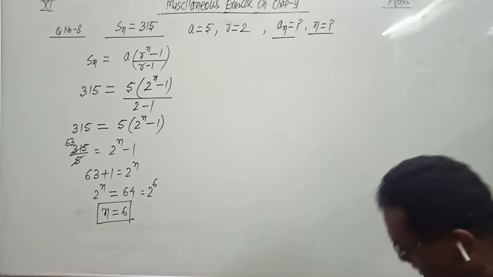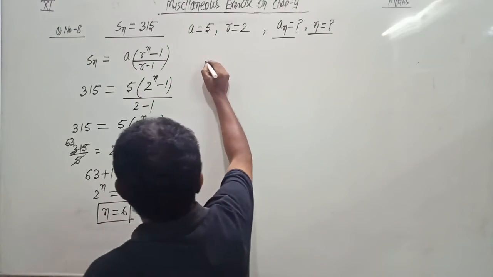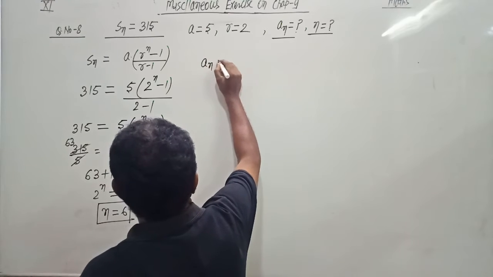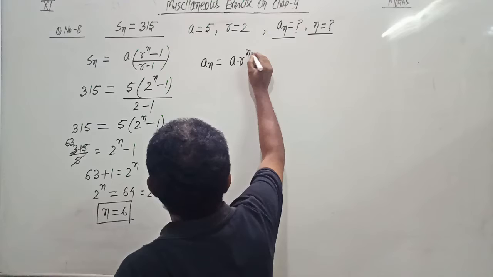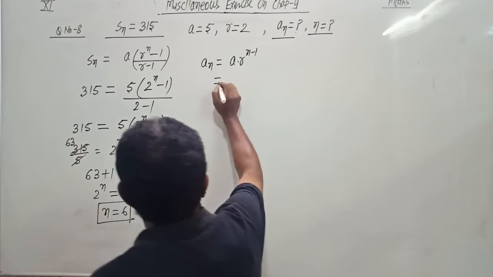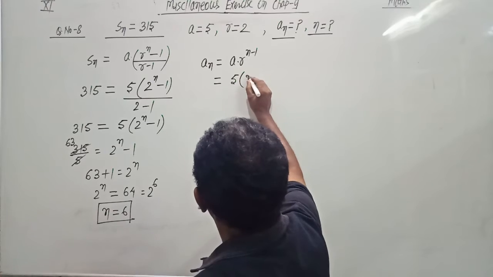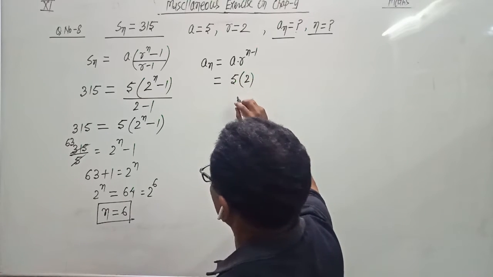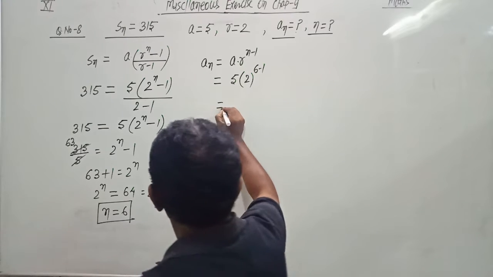Then we have to calculate the last term, an. The formula for an equals a into r raised to the power n minus 1. The first term a is 5, common ratio r is 2, n minus 1 means 6 minus 1.